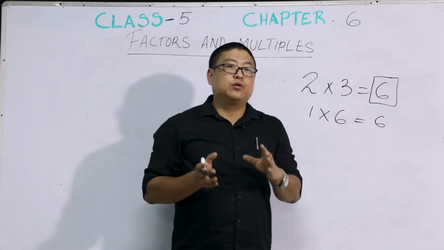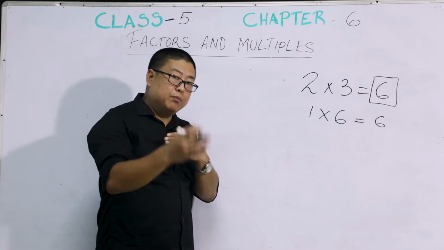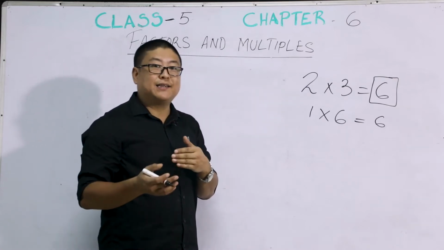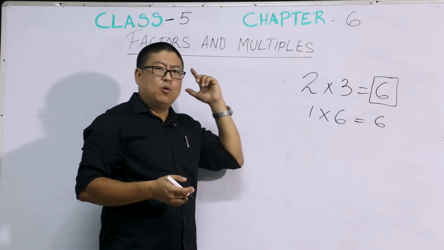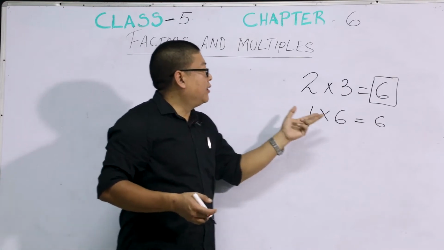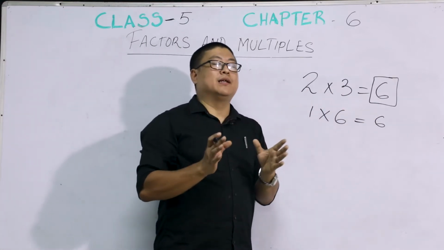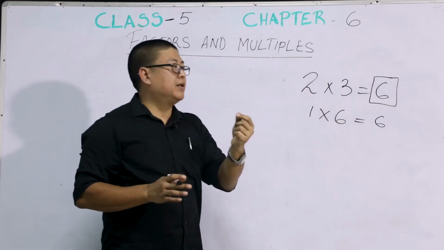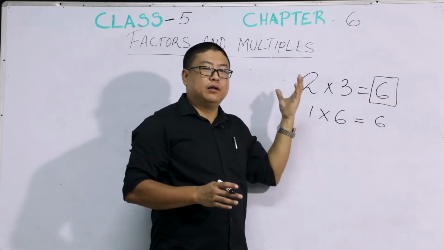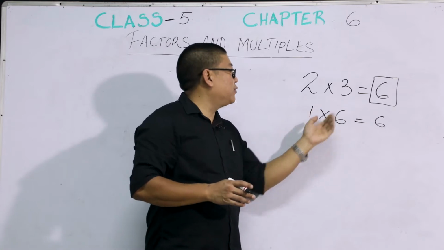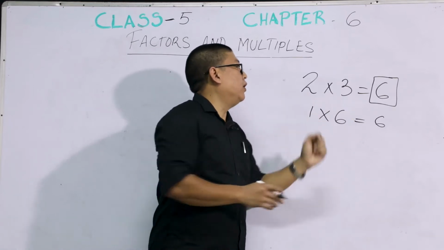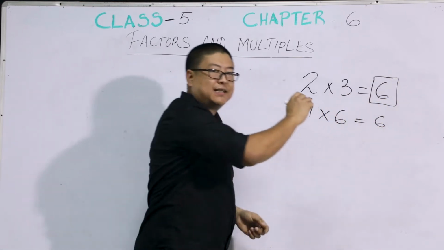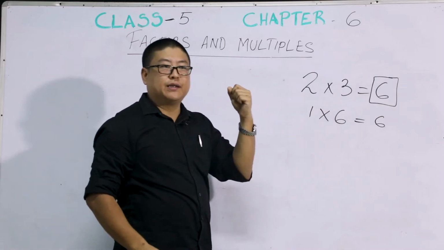Before we move on to the exercises, we will learn about one more topic. We're going to learn about certain numbers which have only 2 factors, and some numbers which have more than 2 factors. In this case we have 1, 2, 3, 4. For number 6 we have 4 factors.